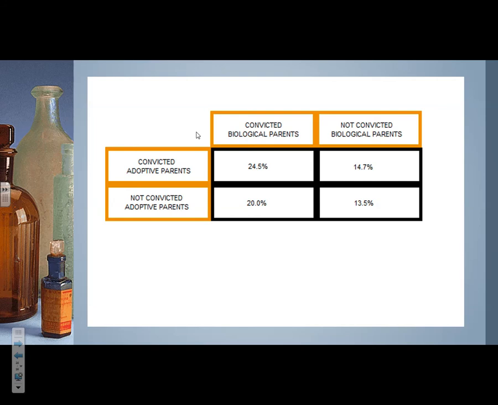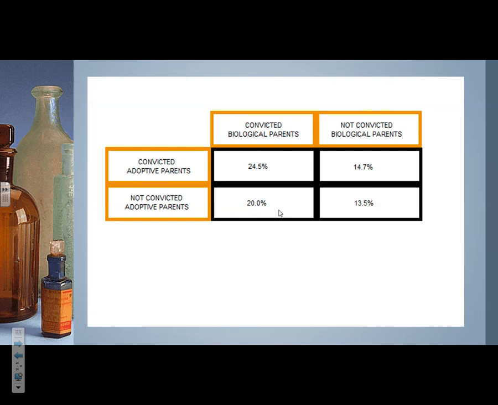The next highest percentage is if you had convicted biological parents, but non-convicted adoptive parents. So you would get the gene for criminal behaviour, but you would not get the environment for criminal behaviour. And yet they were still the second highest.